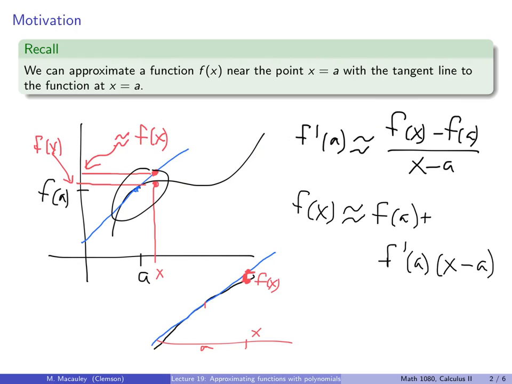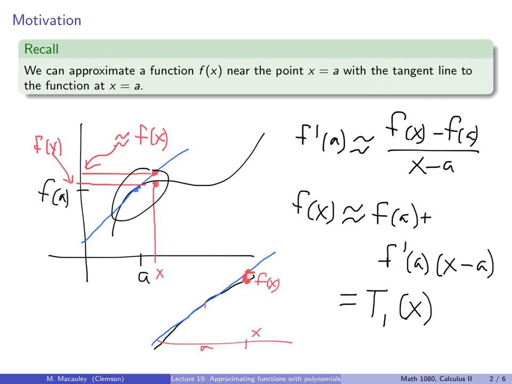Let me call this t1 of x. So where does this come from? I've taken this equation, pretending for a moment this is an equal sign, and solved for f of x. I multiply this over to that side, then I add this over here, and I get f of x approximately equal to this thing here.